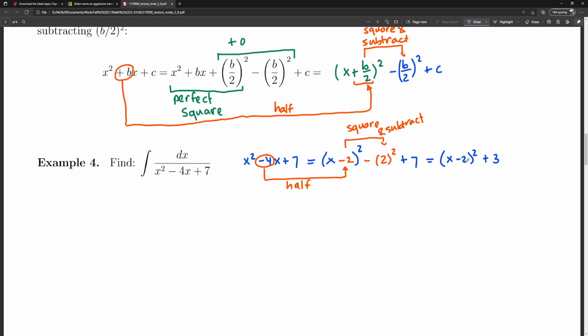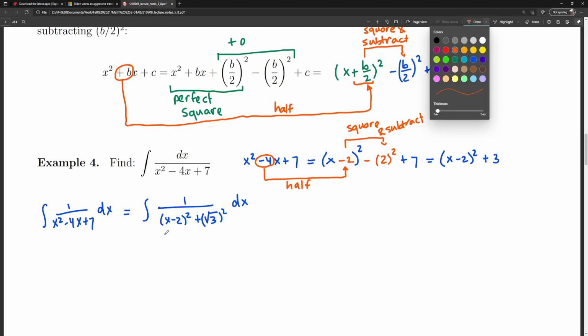Okay, so let's use that to rewrite our integral. 1 over x squared minus 4x plus 7 dx becomes 1 over x minus 2 squared plus, and I'm going to write that as a square as well by writing square root of 3 squared, dx.